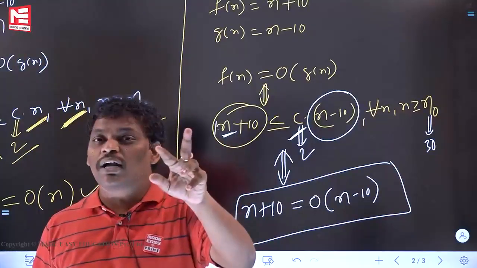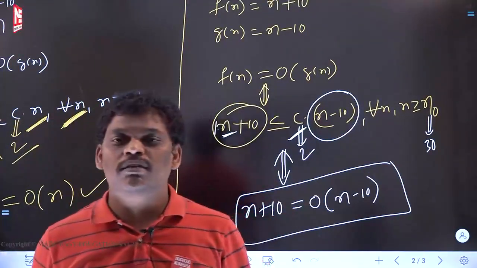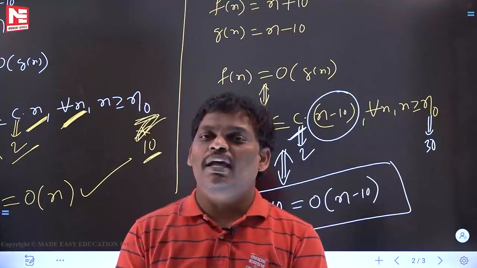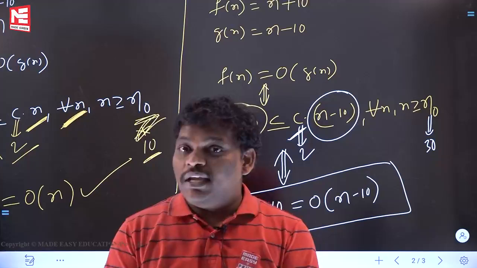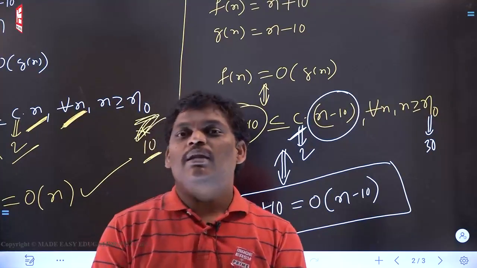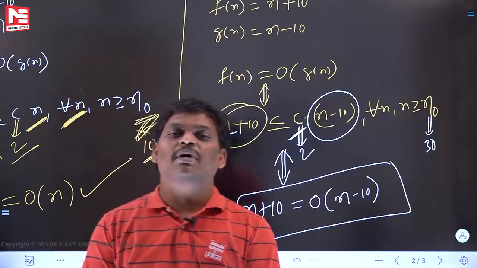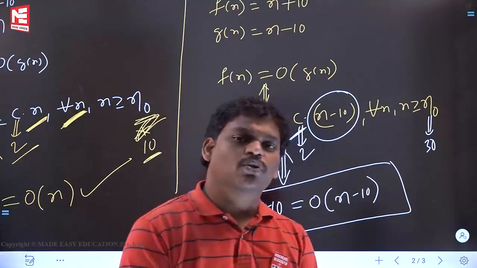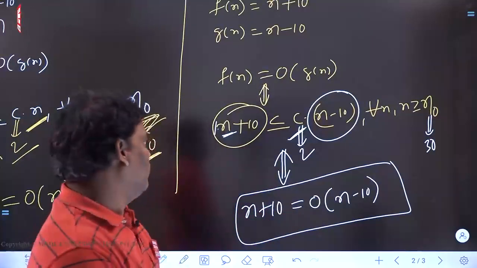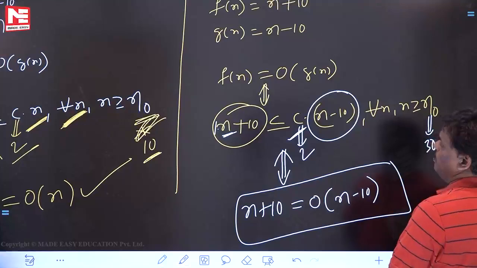If you don't say this line, people will think you are mad. How can you say n minus 10 is bigger? Now I can say, see the line again: n plus 10 is big O of n minus 10. What is the meaning? Comparing n plus 10, n minus 10 is bigger after taking C help. C may be 2, may be 3, depending upon the problem. Big O notation means prove the right side is greater after taking C help.